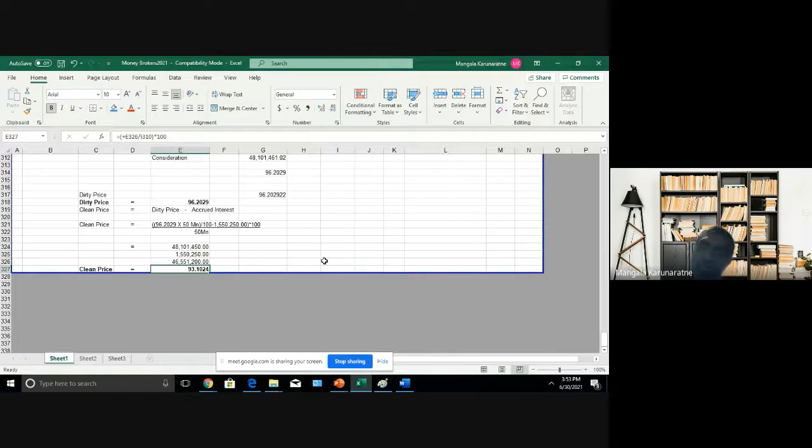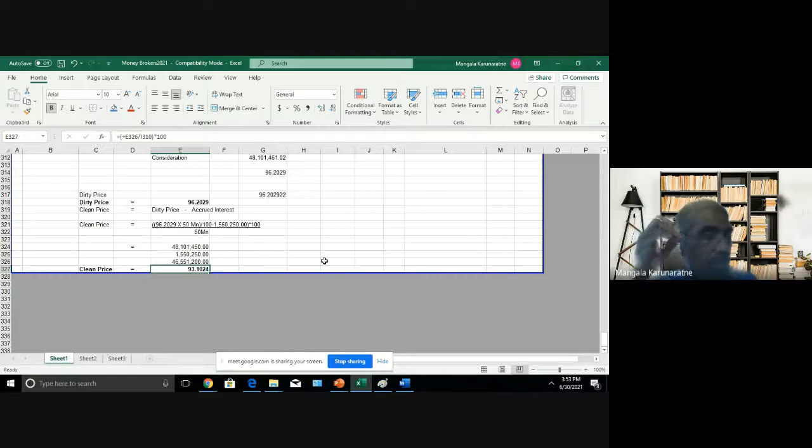Now there are so many ways of recording these transactions. This is the way we calculate it, right? The clean price is the price at which you purchase this bond, right? The accrued interest part is an additional amount that you pay because you get that other person's interest, right?